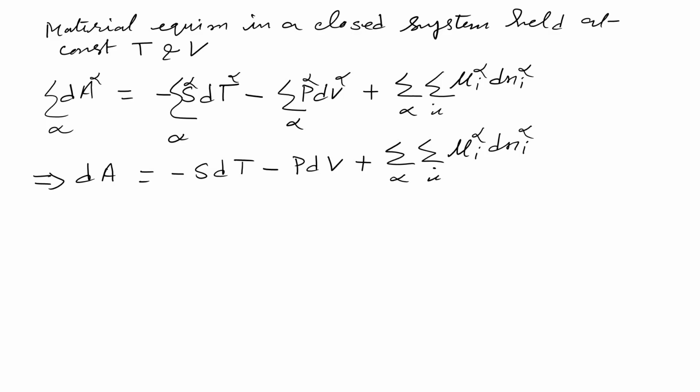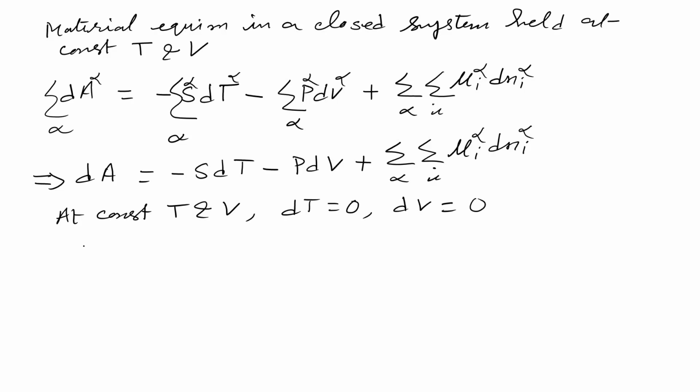Now, at constant temperature and volume, what can I write? I can write dT is equal to 0 because I have taken the condition of constant temperature, volume and closed system, and dV is equal to 0.